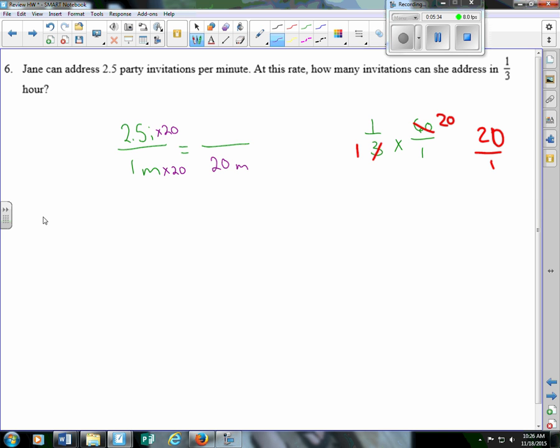Actually, I would do it this way. I have my 0, 0, 1, and swoop our decimal over 1, so it is 50. 50 invitations in 20 minutes. So 50 is our answer.